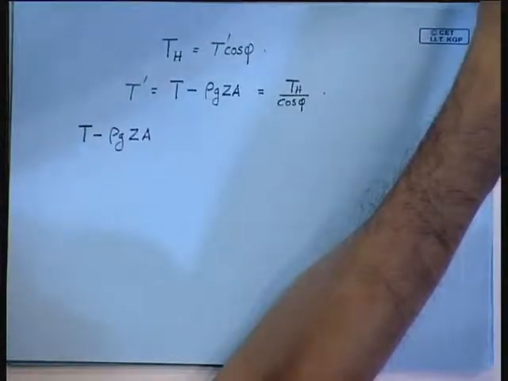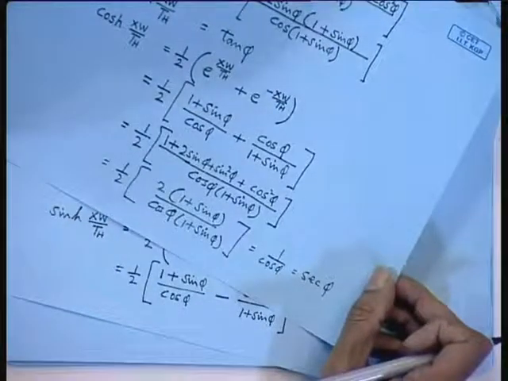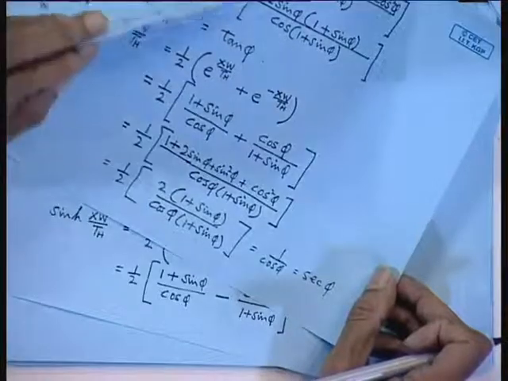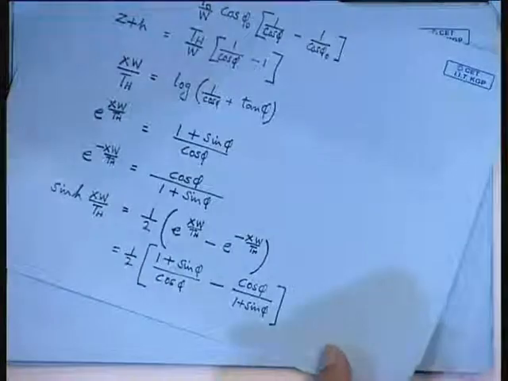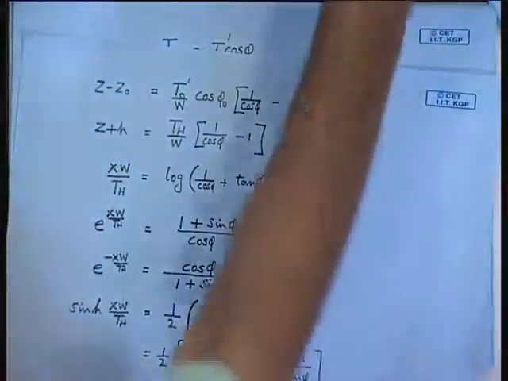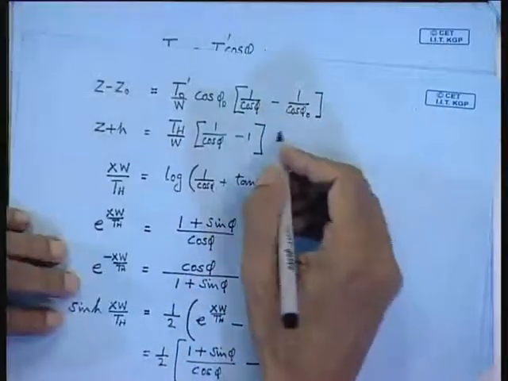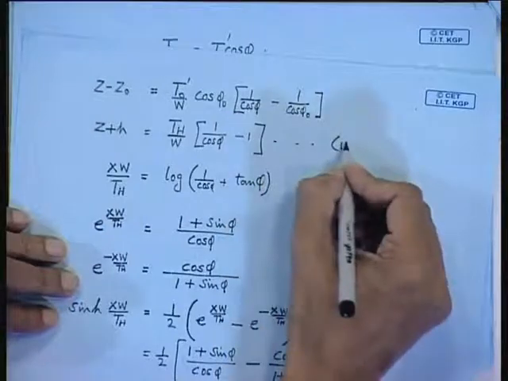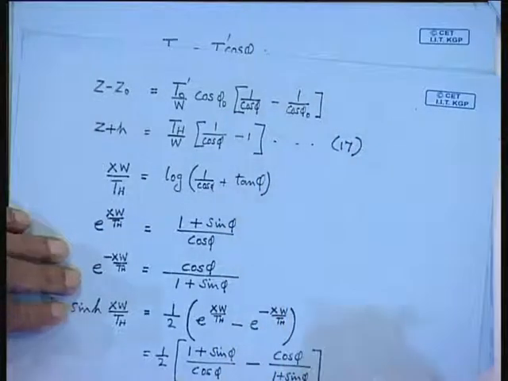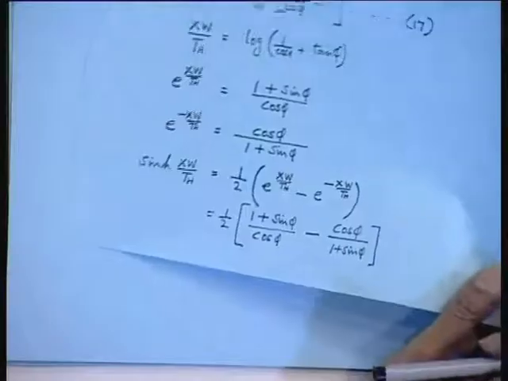So 1 by cos phi is z plus h cos hyperbolic. I want to get rid of this. We can use this expression. So this expression is, say, 15, 16, 17. So from this we can use. There is no hyperbolic term out here. So then what happens?